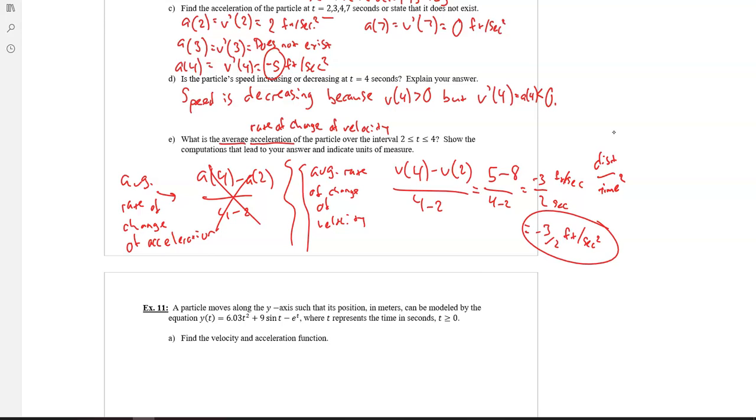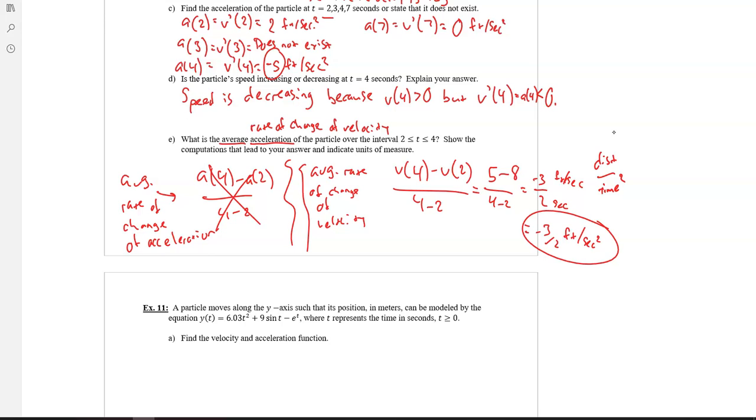So what I was referring to here, this is a common student error. When students see this average acceleration, they think, oh, average acceleration, I know my average formula. It's going to be a of 4 minus a of 2 over 4 minus 2. That's the mistake I see students make when they see average acceleration.